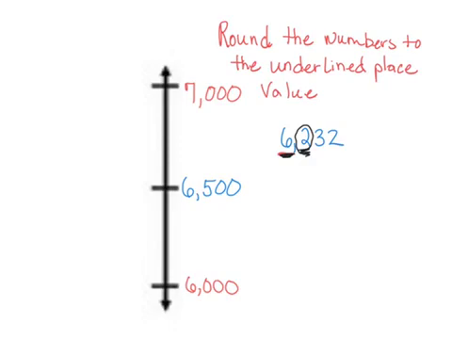Where would that go on the number line? Well, that number would probably go somewhere around here. Here's a good estimate. 6,232. So that's where 6,232 would probably go on the number line.